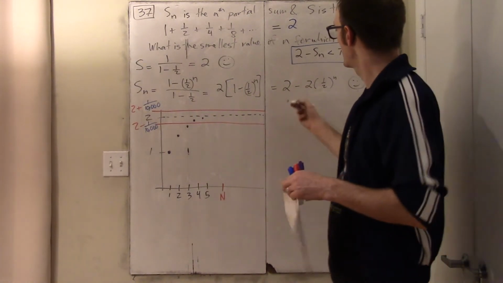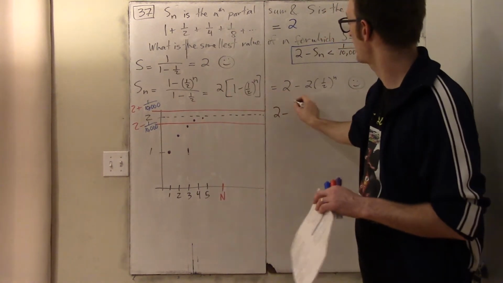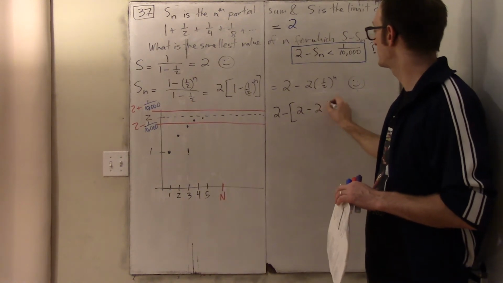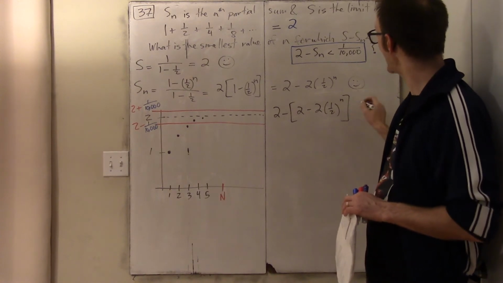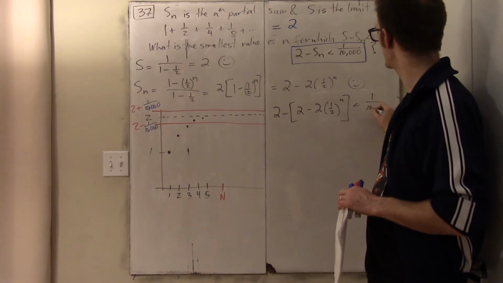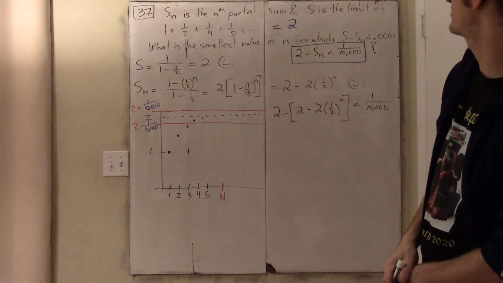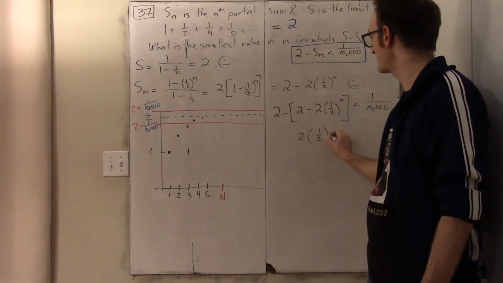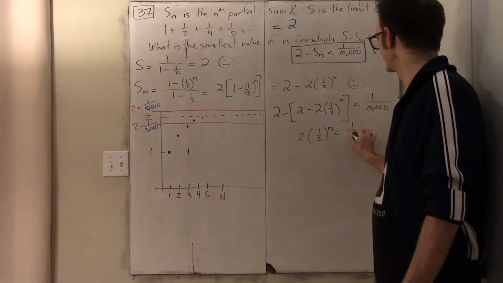Because what is 2 minus the nth partial sum? We just made a formula for it. It's 2 minus 2 times 1/2 to the n, and I want to know when that is less than 1 over 10,000. So this whole problem just boils down to when is 2 times 1/2 to the n less than 1 over 10,000.